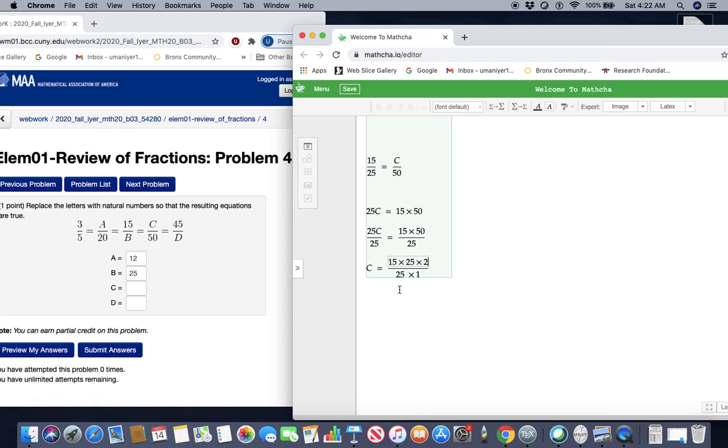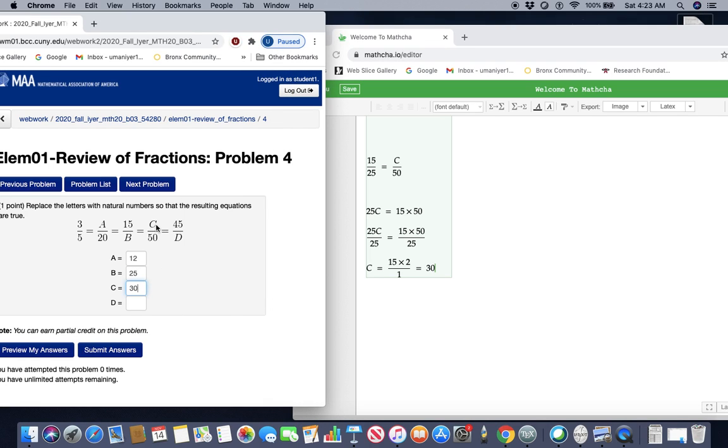Then 25 reduces, and I'm left with 15 times 2 over 1. That is 30.